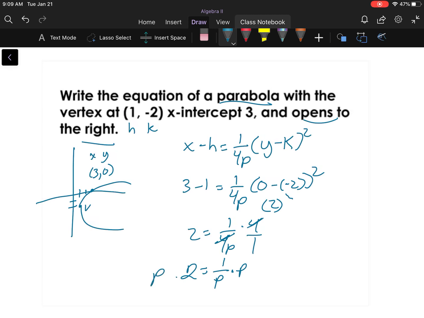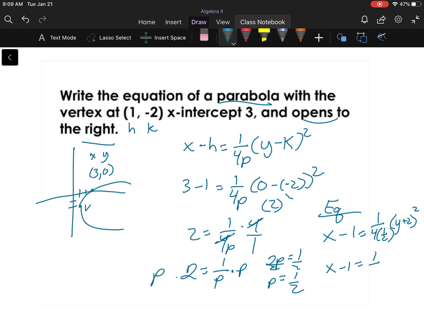So multiply by p, divide by 2, my p is 1/2. But the equation would be x minus 1 equals 1 over 4 times 1/2 times y, double negative again, we get plus 2, and I'll clean up the fraction a little bit.